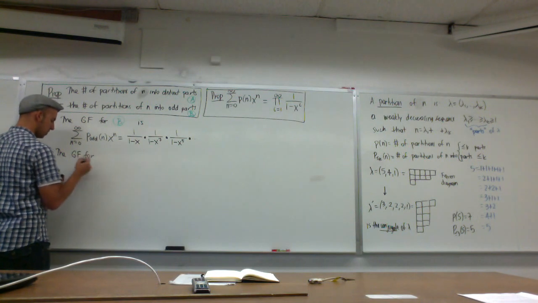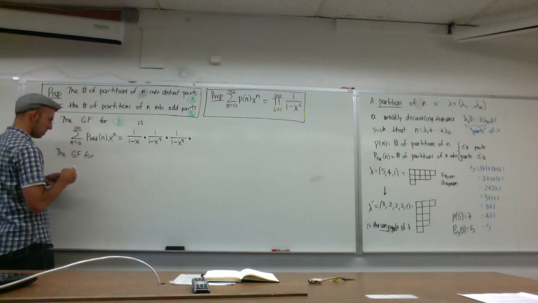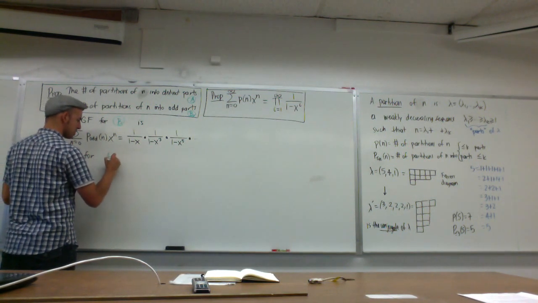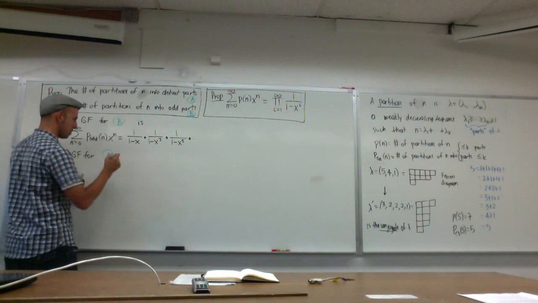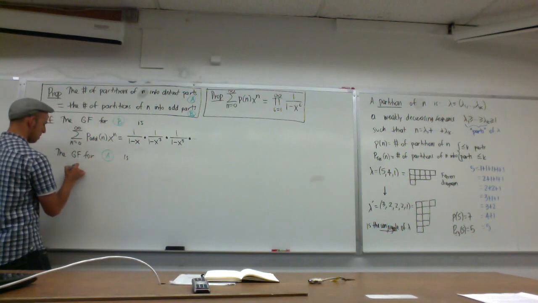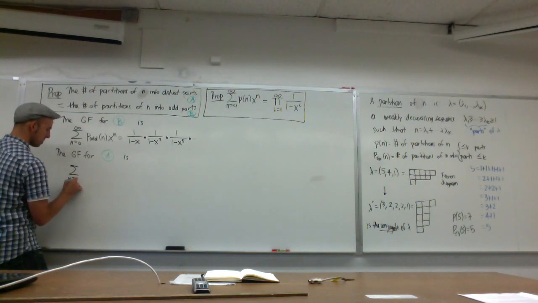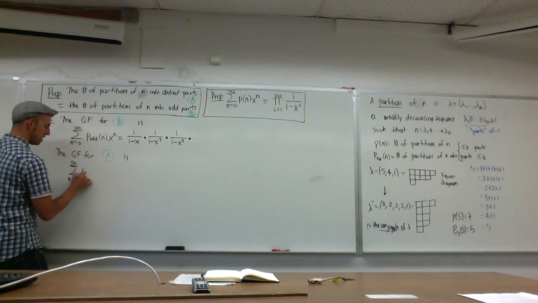Now what about the generating function for the first one, for A? So P distinct, let's say.